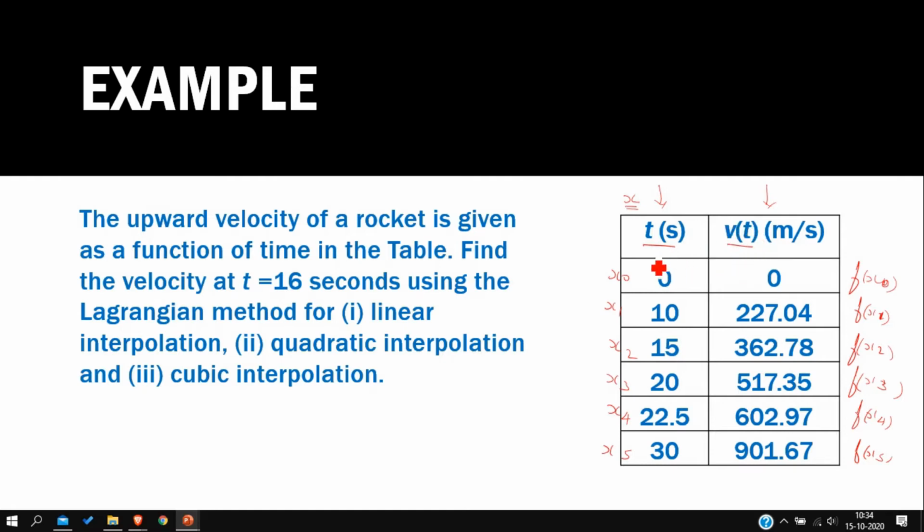So instead of x we will be using t, and instead of f of x we will be using v of t.